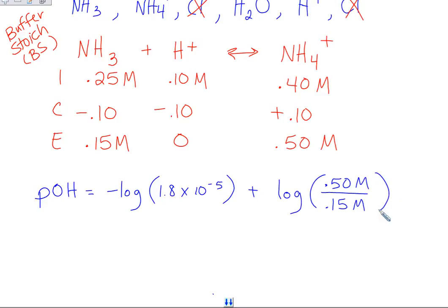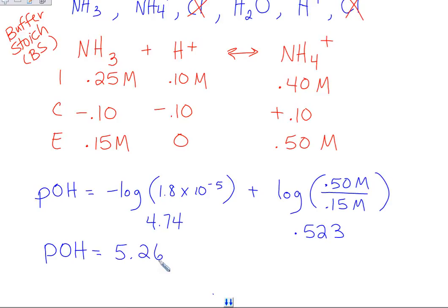If I simplify this a little bit, I would have about 4.74 again, and then the log ends up being about 0.523. So my pOH is about 5.26.